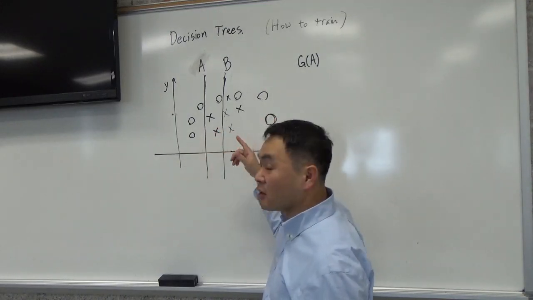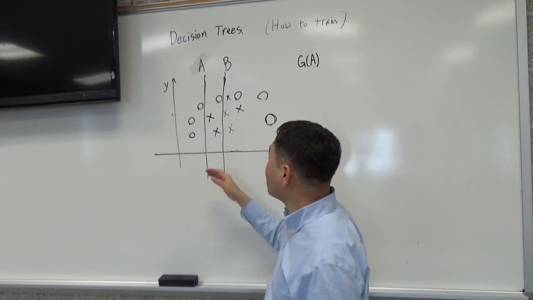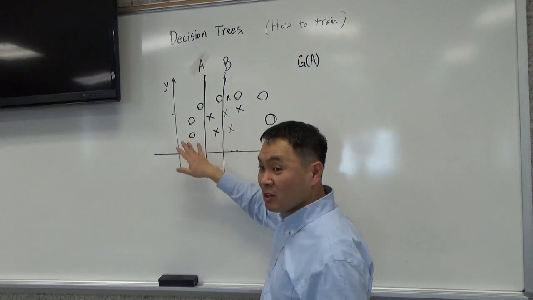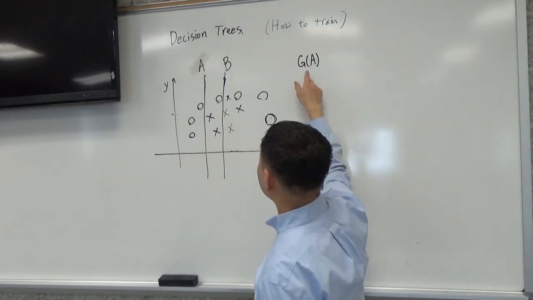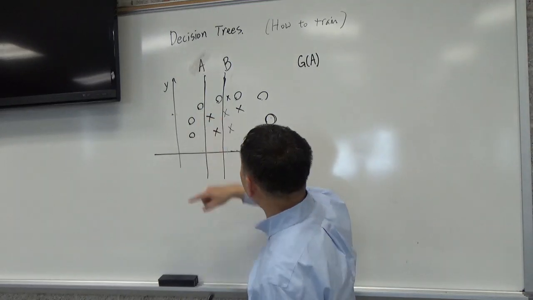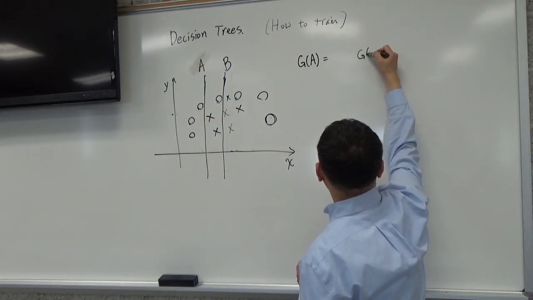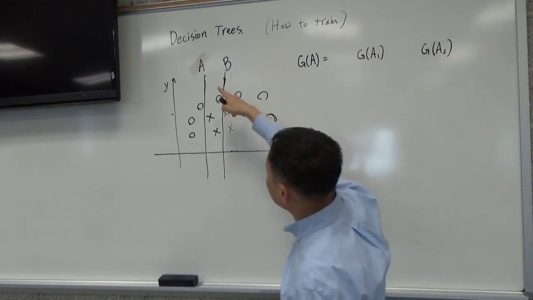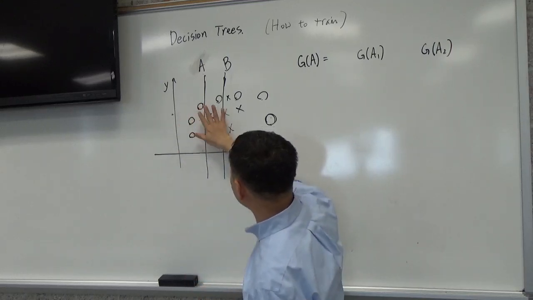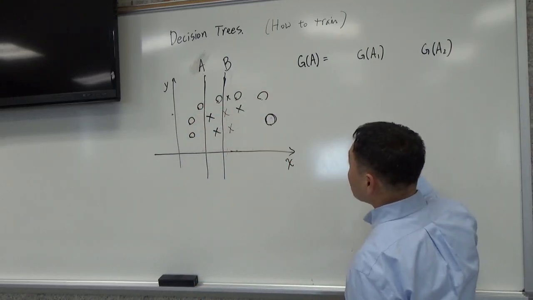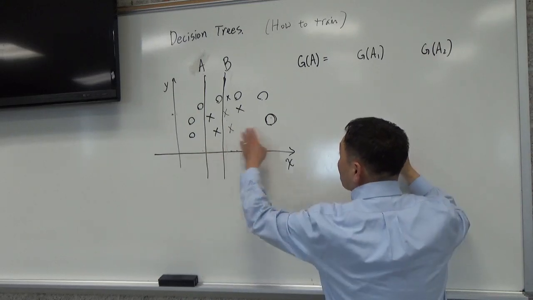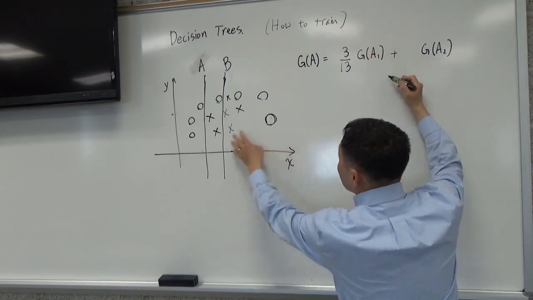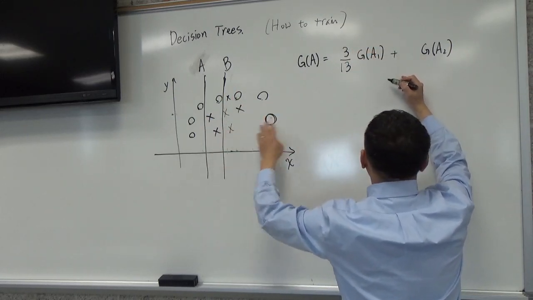At the end of the day, you have to compute their weighted average to get an overall Gini index for the entire A. So let's call these A1 and A2. When A is being used to divide, you have one part and another part, and then we're going to take the weighted average. Remember, the total number of items is 13. So A1 is 3 out of 13, and A2 is 10 out of 13.